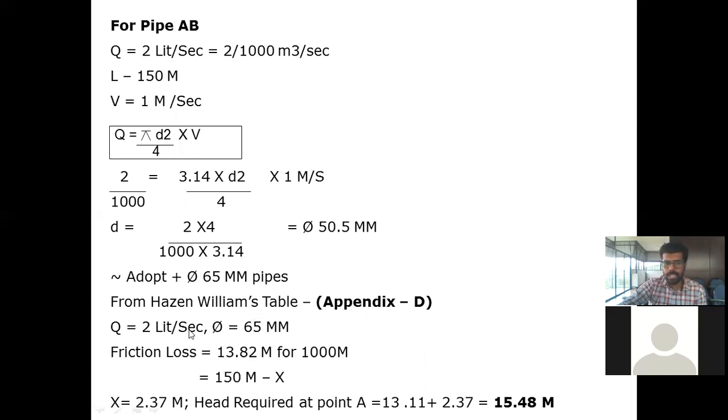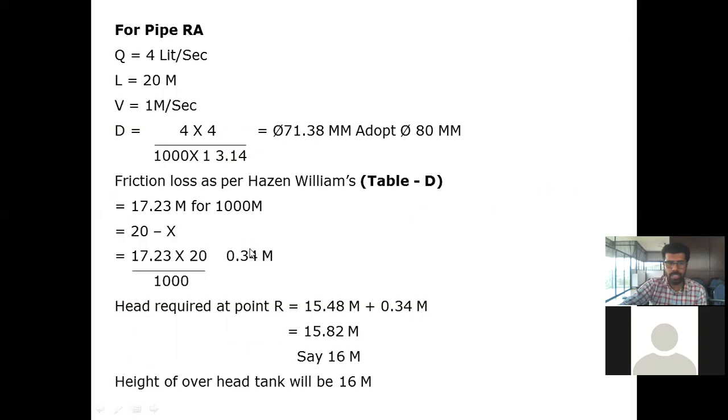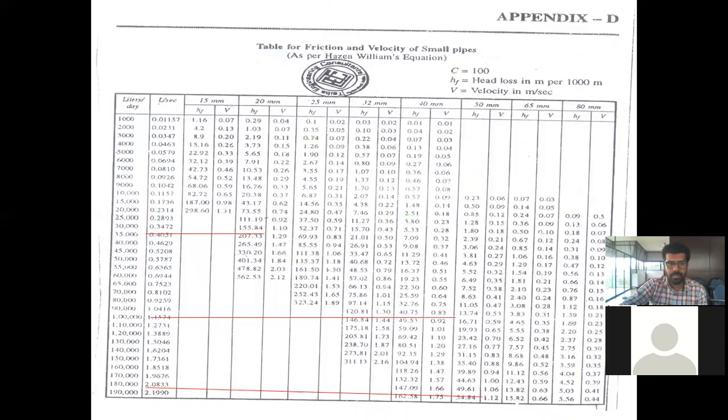Q is equal to 2 liter per second and diameter is 65. Yes, you can see here now. 13.82 is the friction loss per 1000 meter.